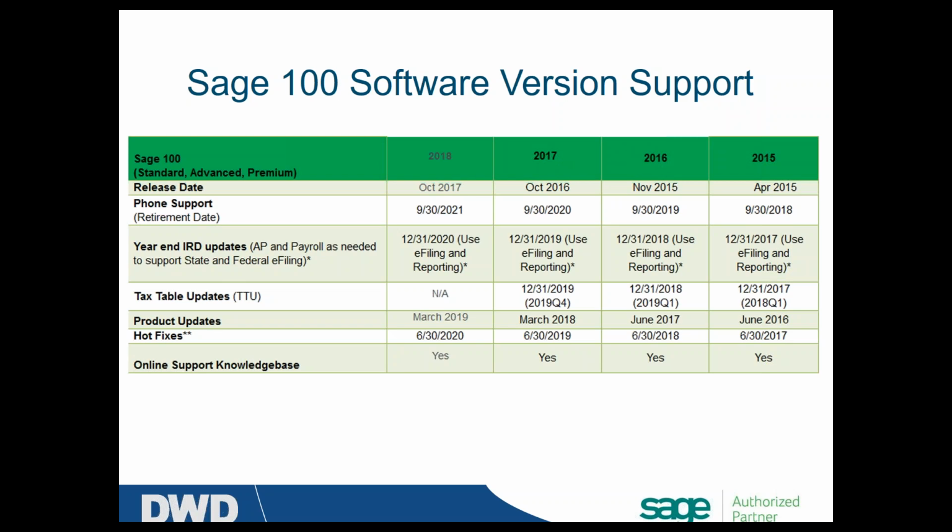With that being said, if you're on 2015, due to the number of changes that have occurred with the 2018 payroll platform, we are not in a position to help you get that update done this year. We're holding off any new 2018 installations until after the first of the year.